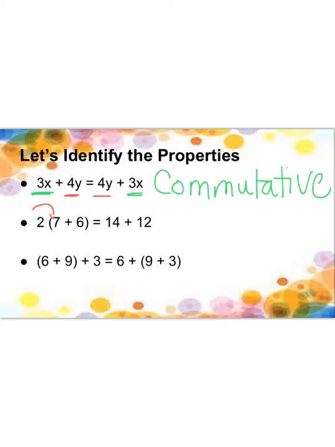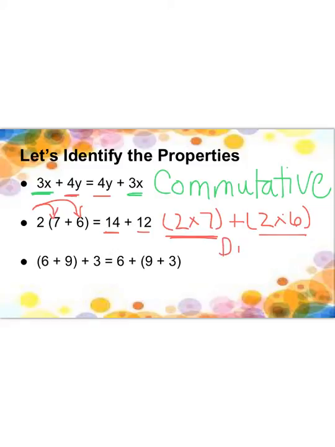So if I sprinkle 2 times 7 and I sprinkle the 2 onto the 6, 2 times 6, it looks like I'm going to have 14 and 12, which is what I had, 14 and 12. This is the distributive. That was a tricky one.